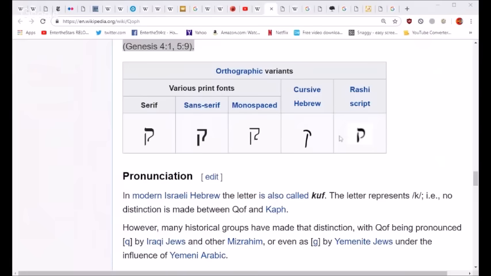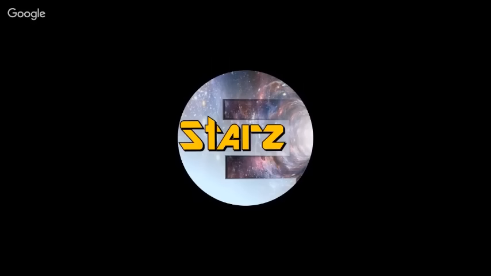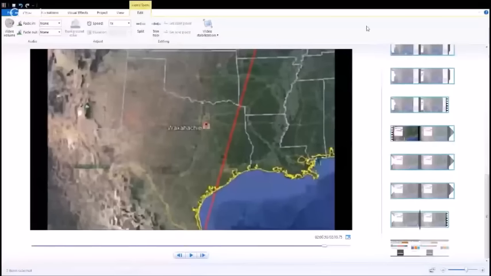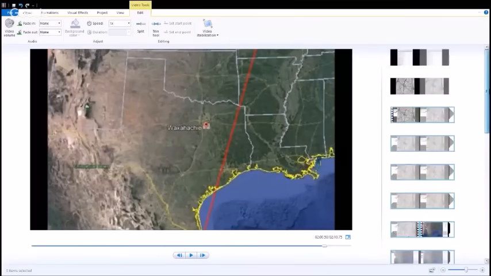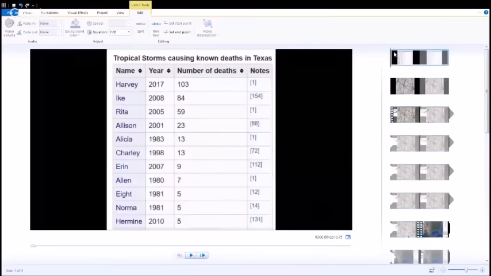Let me change screens again. Now what I did here is I popped this into a new program. This program is Movie Maker, and I've edited together some overlays that I put together.